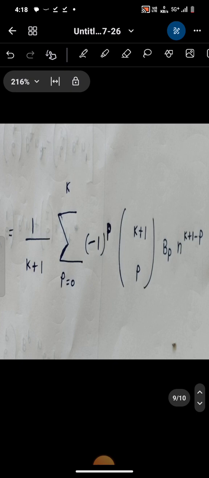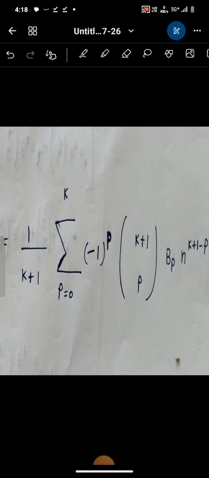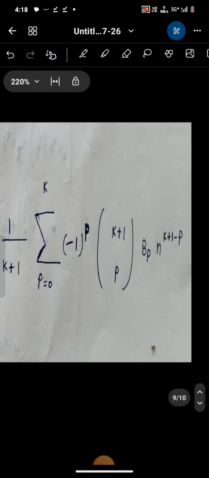The sum of kth powers of n natural numbers is defined in terms of Bernoulli numbers as 1 by k plus 1 times the summation of p running from 0 to k, of (k plus 1 choose p) times B sub p times n power k plus 1 minus p. It is defined as follows.